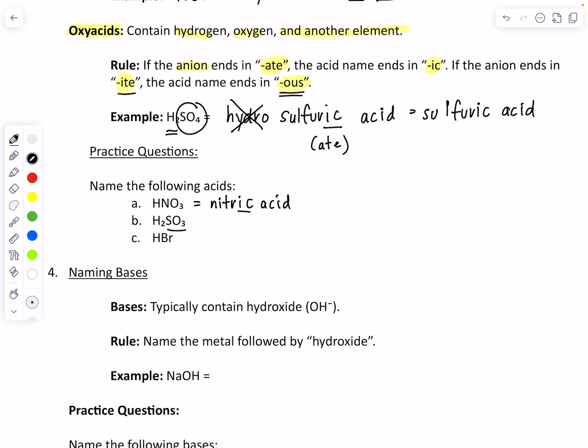Ite, name the acid with ous. So this is sulfurous acid. The third example is a binary acid. So this is hydrobromic acid.